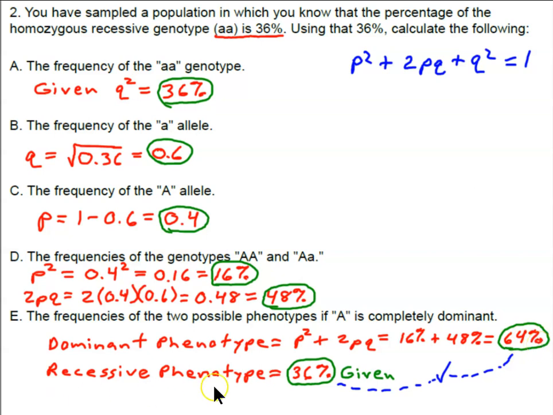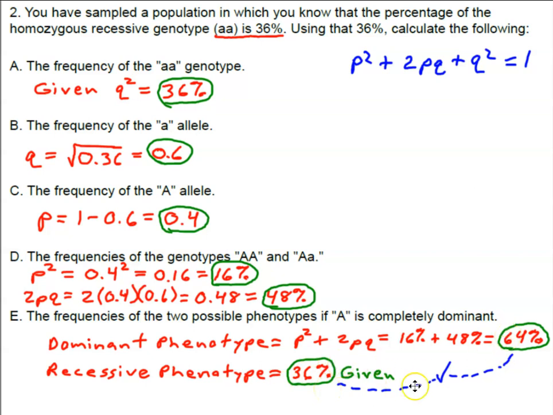The recessive phenotype then is going to be what's left over, but it's also going to be what we calculated for the genotypic frequency of the homozygous recessives. The genotypic frequency of the homozygous recessives is equal to the phenotypic frequency of the recessive phenotype. So that's 36%.